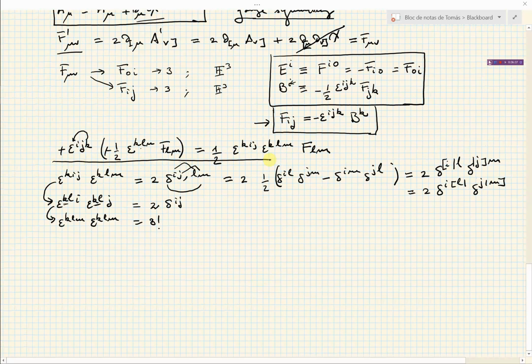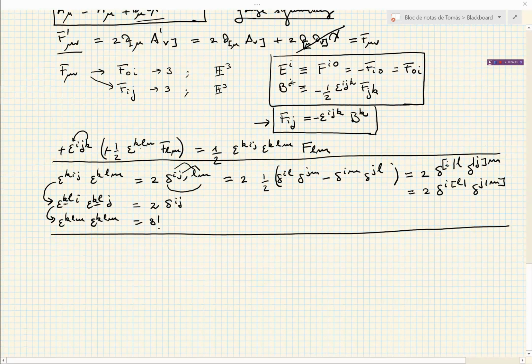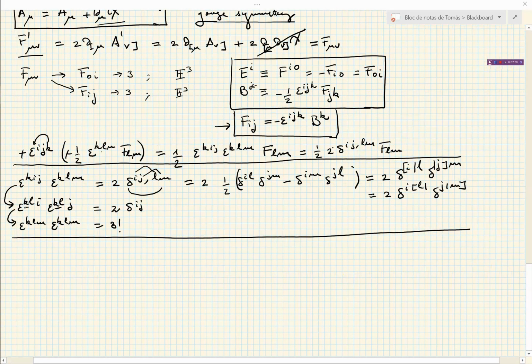Let's put this here. And going back to this identity, this means that this will be 1/2 of 2 times delta ij lm F_lm, and as I said, this acts as the identity, as the Kronecker delta, in the space of antisymmetric indices.